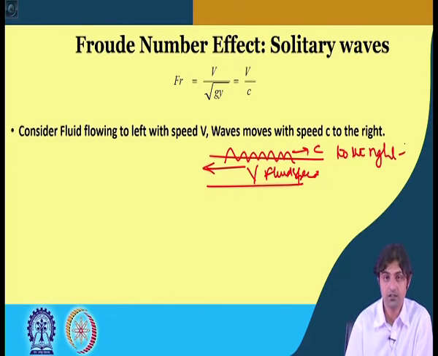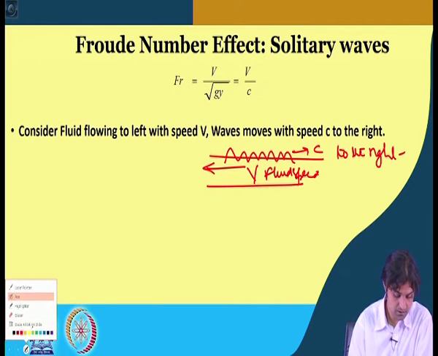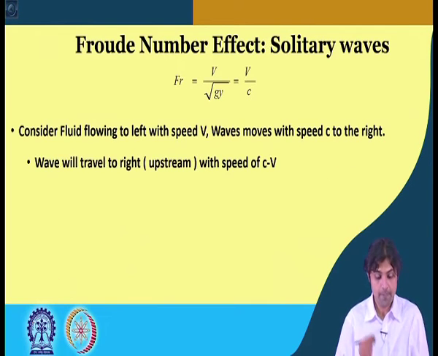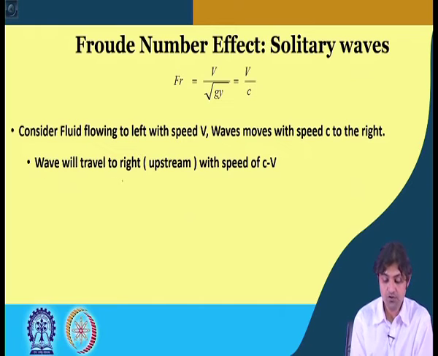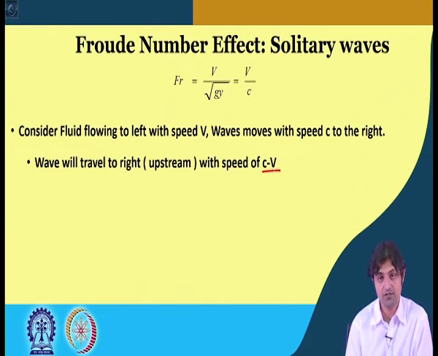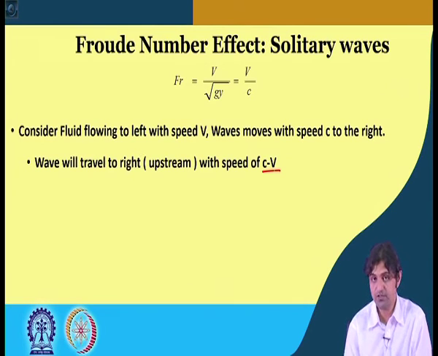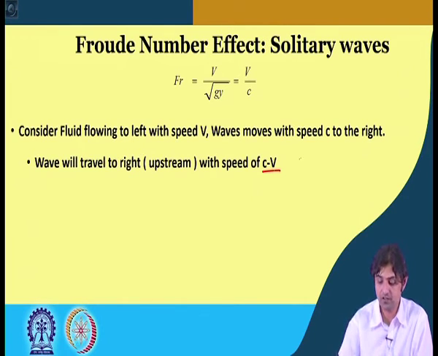Then the wave will be able to travel to the right, that means upstream, with the speed c minus v, because the wave is on the fluid which is moving to the left with speed v, and it has its own speed c. So, the relative velocity will be c minus v for the waves, correct.